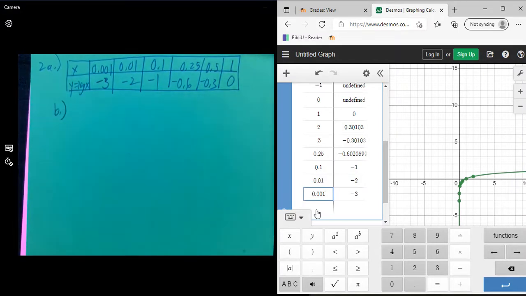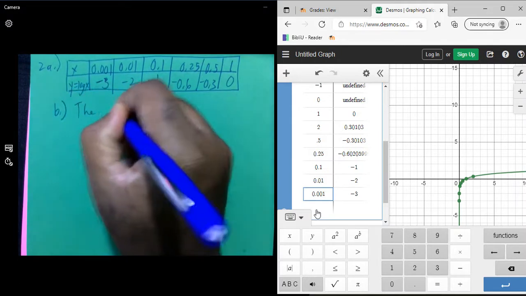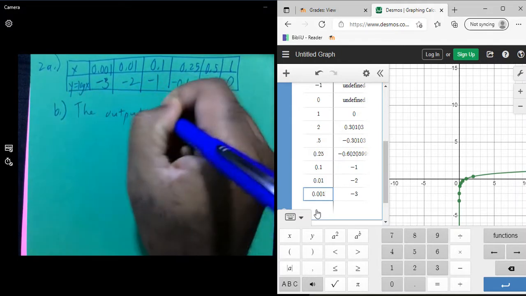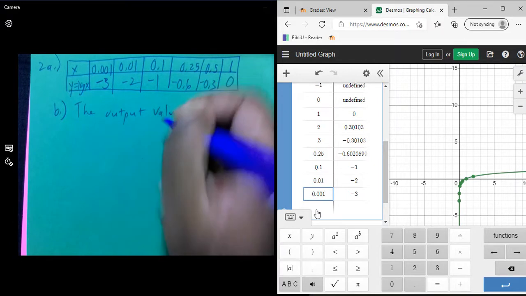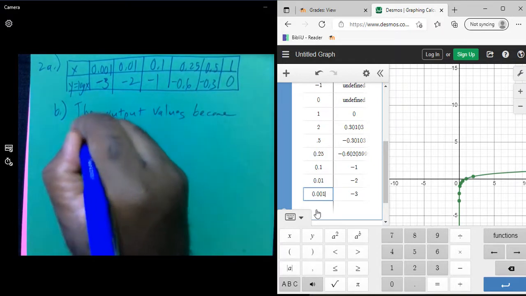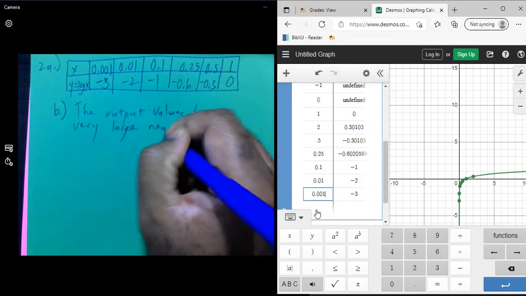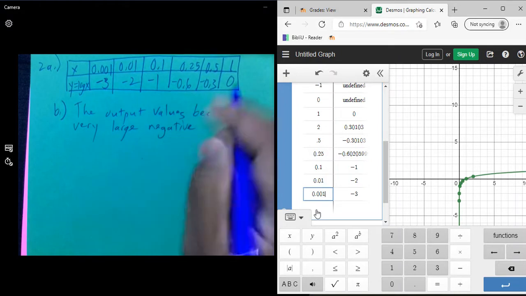Now we go to B. It says as the positive input values take on values closer to 0, what happens to the corresponding output values? The output values become very large negative numbers.